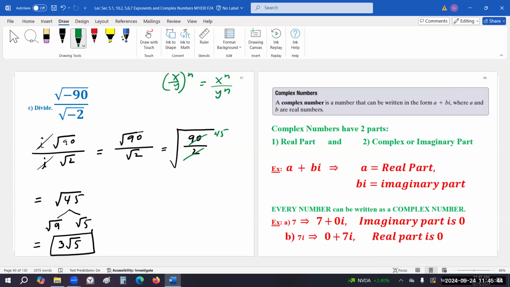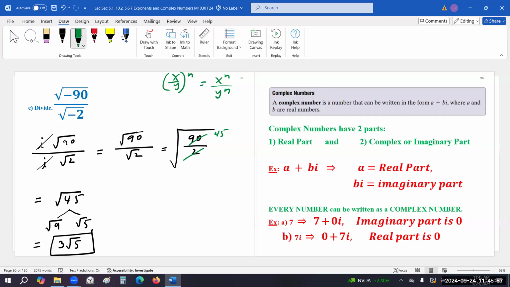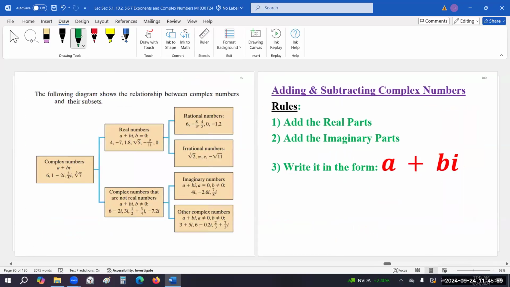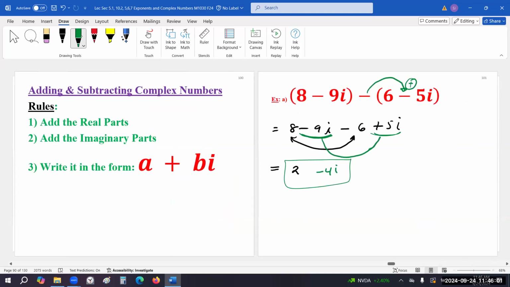Aditya, how do you interpret the distribution? What do you mean? Oh, so when you subtract, anytime you subtract more than one thing, all the signs will change for whatever you're subtracting.